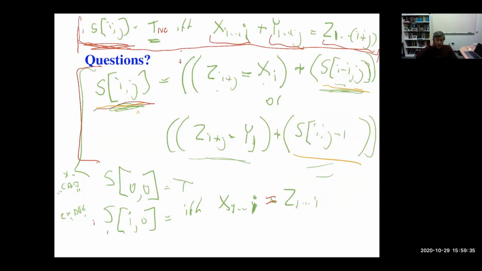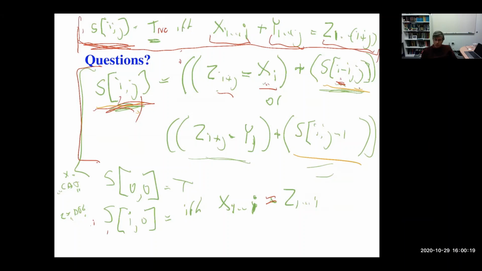Well, I can shuffle the first I characters of X and the first J characters of Y into Z if and only if the last character of X matches the I plus Jth character of Z, and that means I can realize the first I plus J minus 1 characters of Z by matching everything in X except the last character, that was taken care of here, plus all of Y. Okay?